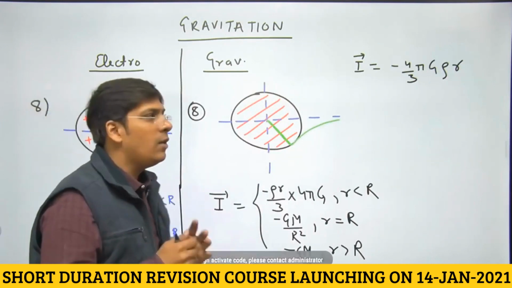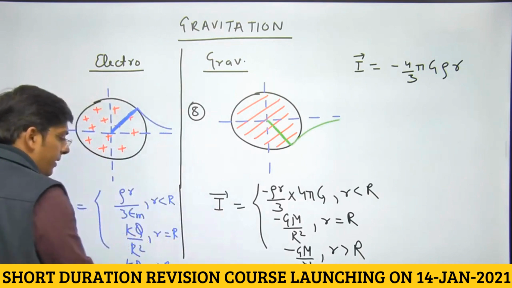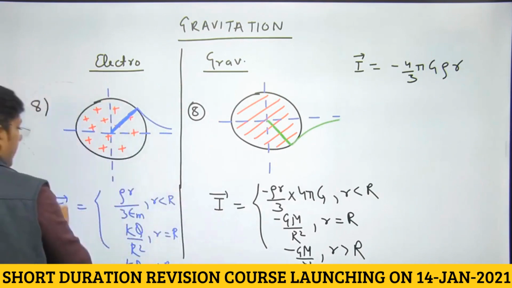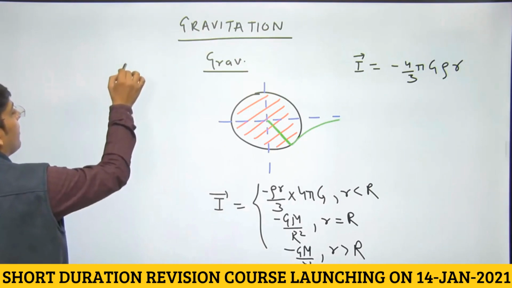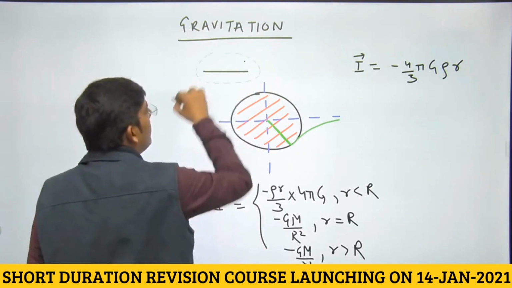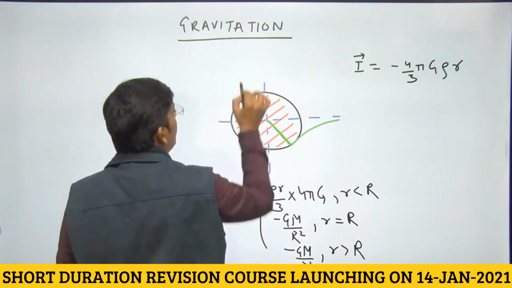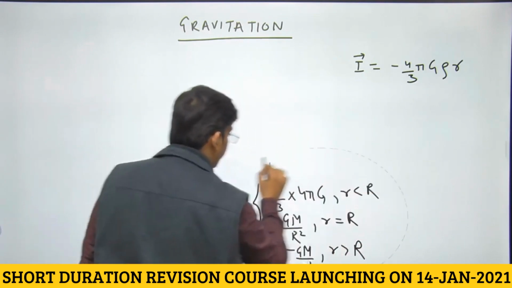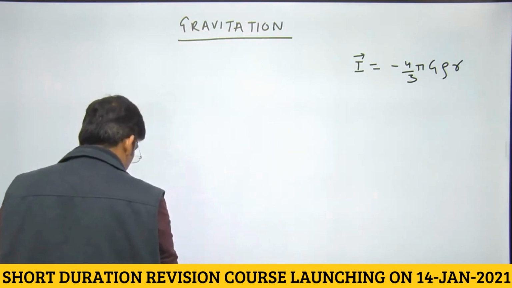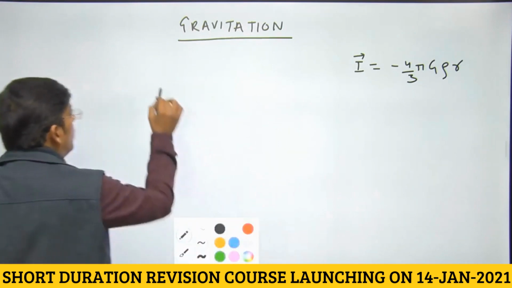So let us solve a question of cavity, solid sphere having a cavity. This was all about the formula for gravitational field intensity. Again, we'll draw this table when we'll be doing the potential, that is the next topic. So this is a very good question, dear students.